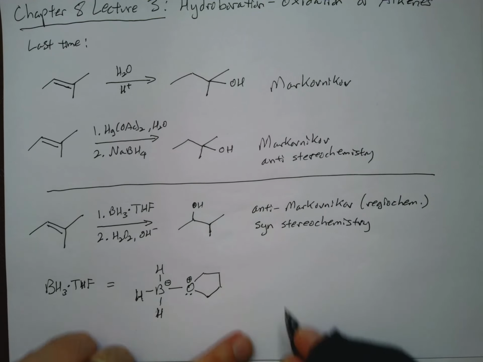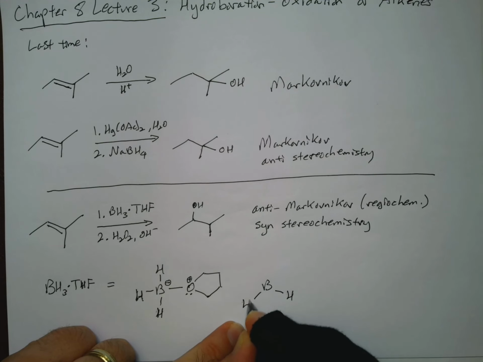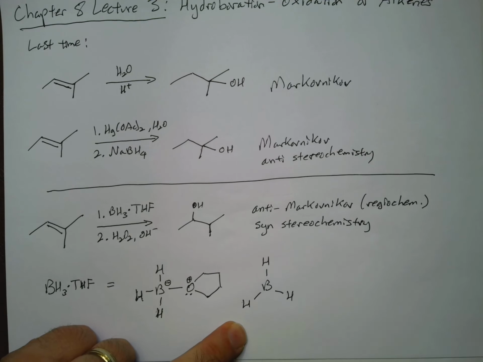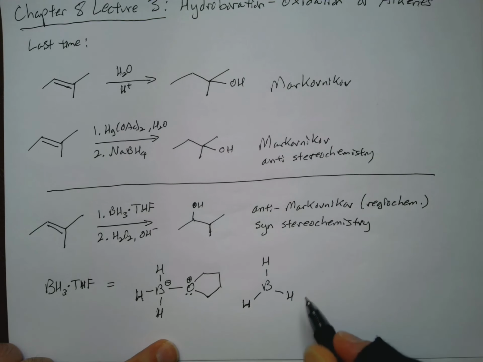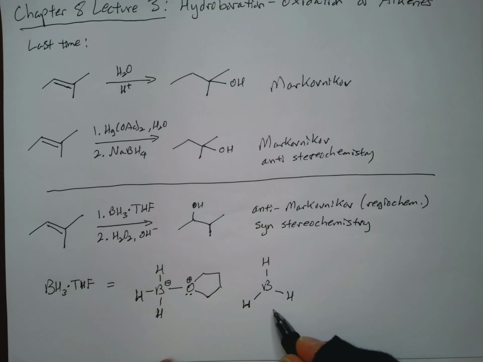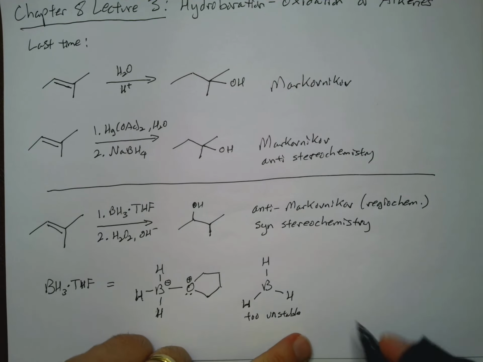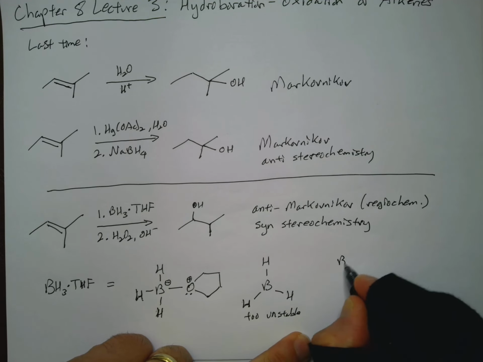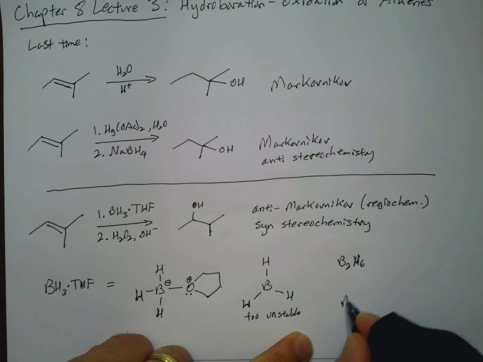But this is our way of having a reagent that reacts like BH3, because BH3 is too unstable. And it actually forms B2H6, which has this really funky structure here.